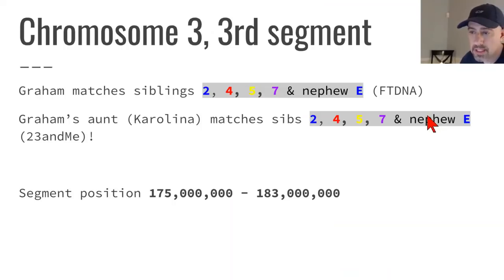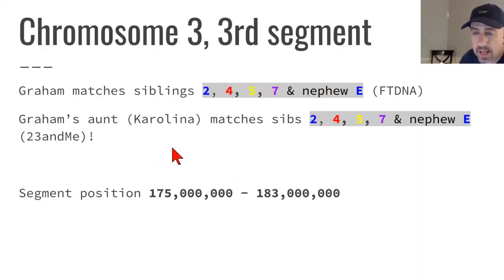So let's look at the DNA match results for these two people. And Graham matches siblings 2, 4, 5, 7, and nephew E, according to Family Tree DNA, in this part of chromosome 3. So from approximately 175 million to 183 million, this is where Graham matches this specific subset of family members in my family.